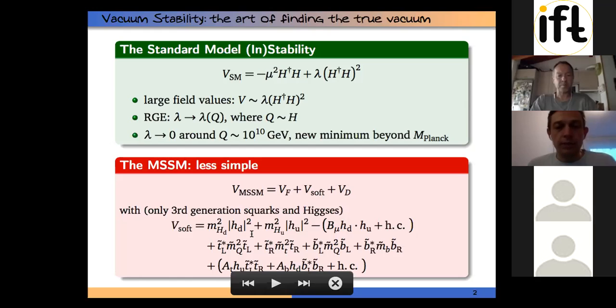In the MSSM we have two Higgs doublets, and also the scalar partners of the top and bottom quarks, as printed here. They have these soft breaking masses and these trilinear terms that will be responsible for driving new vacua related to vacuum expectation values of these squark fields. These are named charge and color breaking vacua, since you break color charge as well as electric charge.